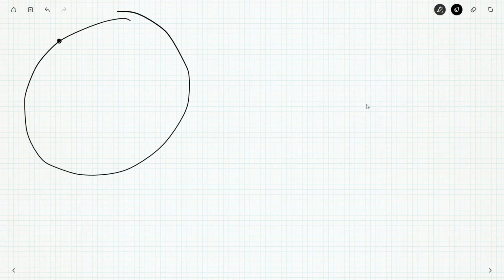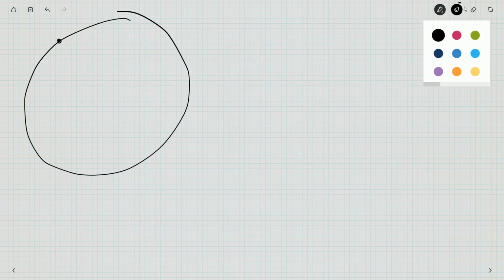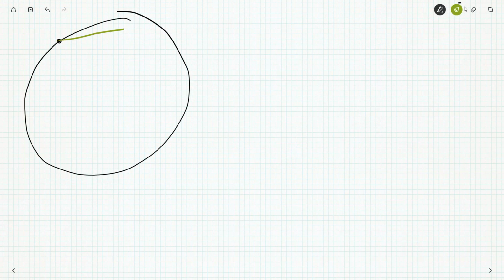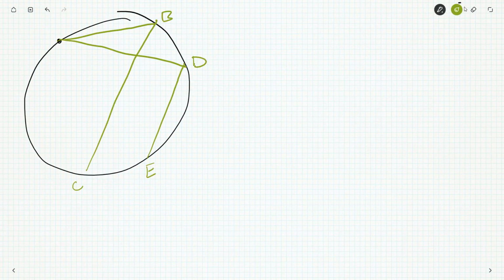I'm going to draw a bigger version of this. So C, E, B, D, F here, and there's perpendiculars.